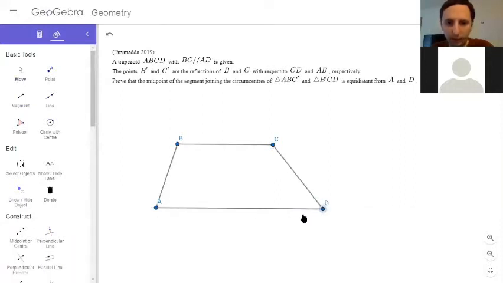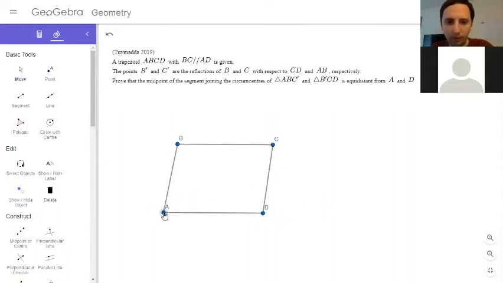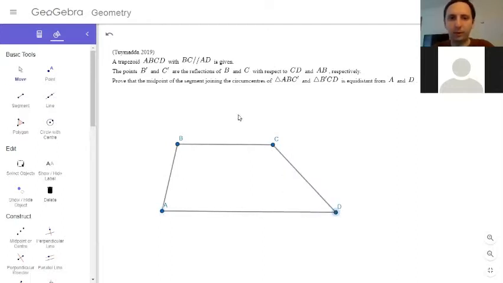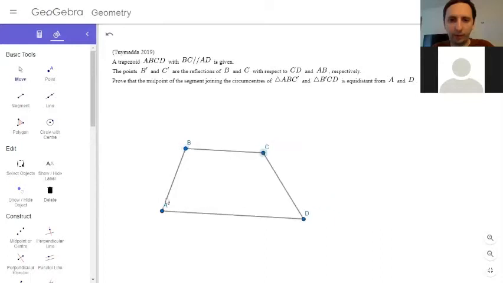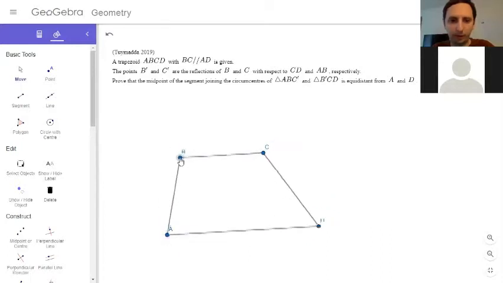All right, so a couple ways we can draw this. And then the points B prime and C prime are, so we take the reflections of B and C with respect to CD and AB. Let me shrink some stuff a little bit to make it look nicer.